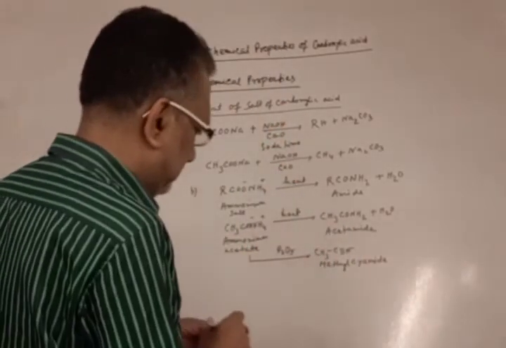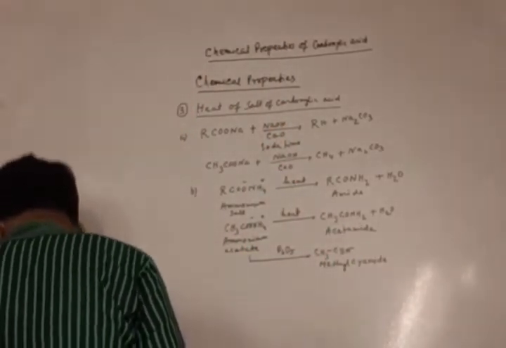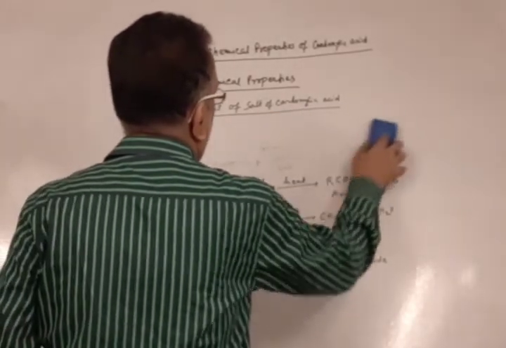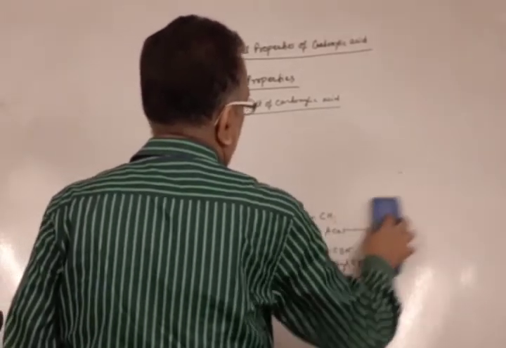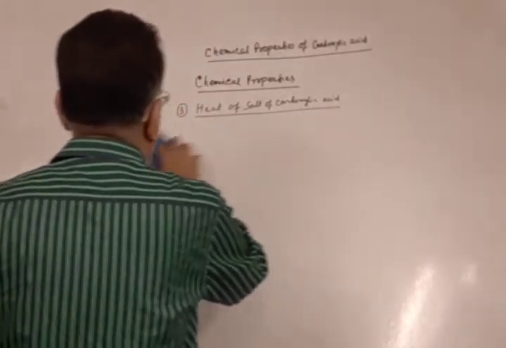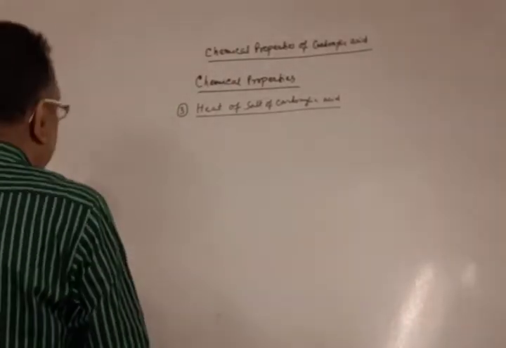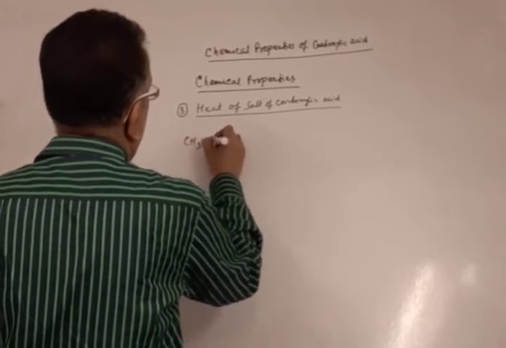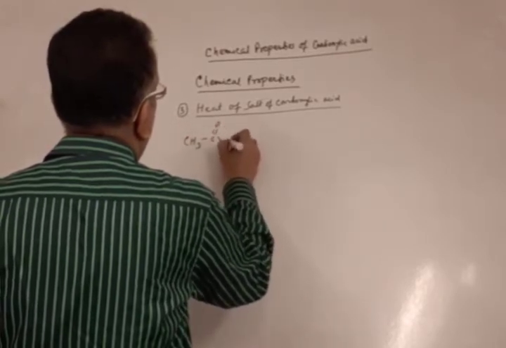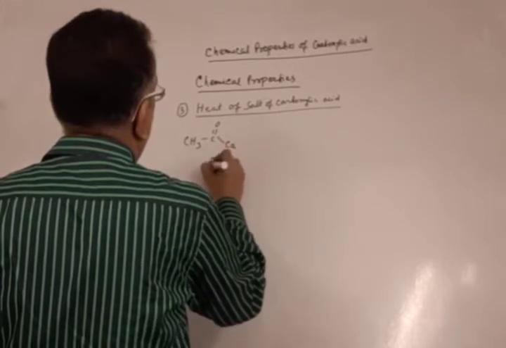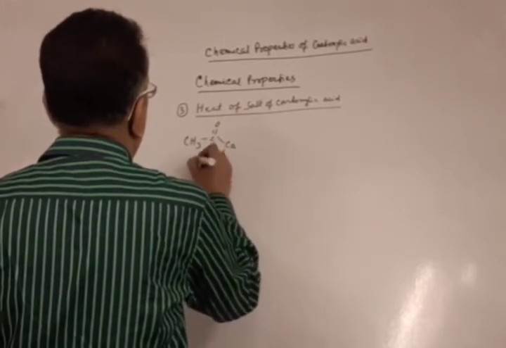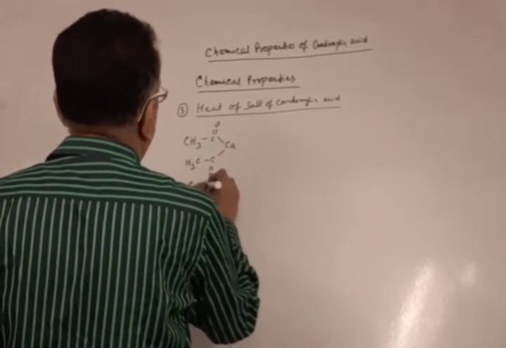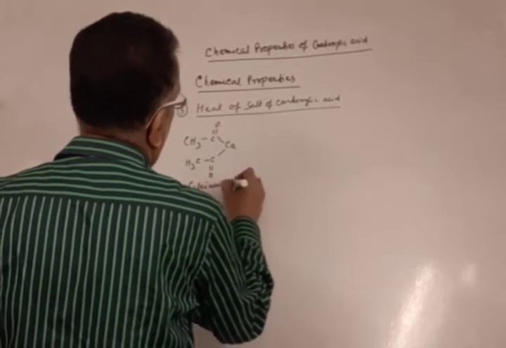Now another property of this carboxylic acid salt. If we have the compound CH3, C double bond O, Ca, C double bond O, CH3, this is our calcium acetate.